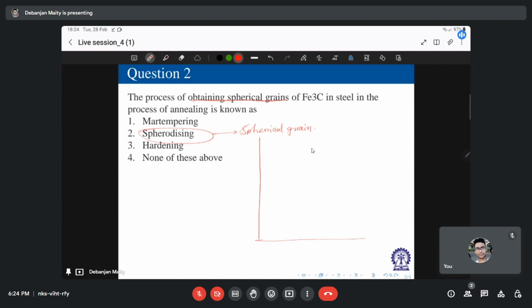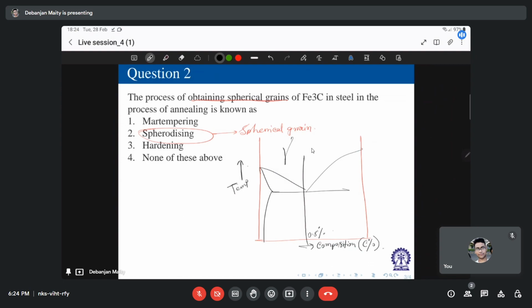Now, if this is your phase diagram, this is your composition, so this is carbon percentage, then this is temperature. Now, the same I'm talking about for this eutectoid steel. This is 0.8%.